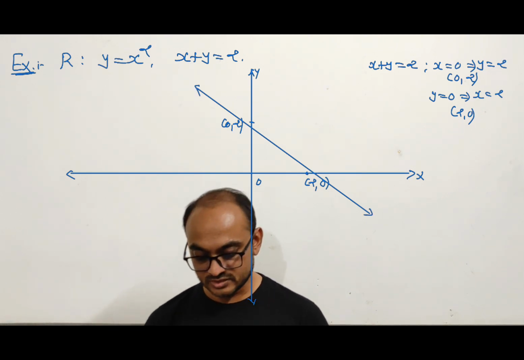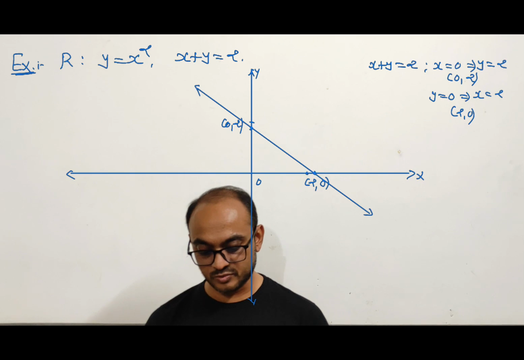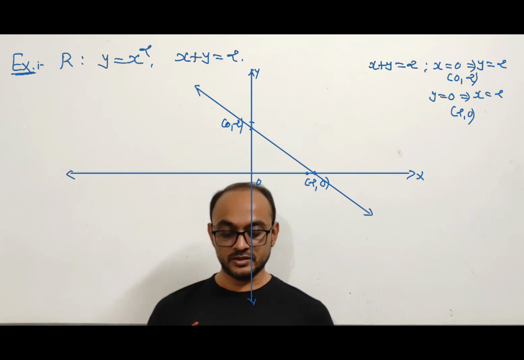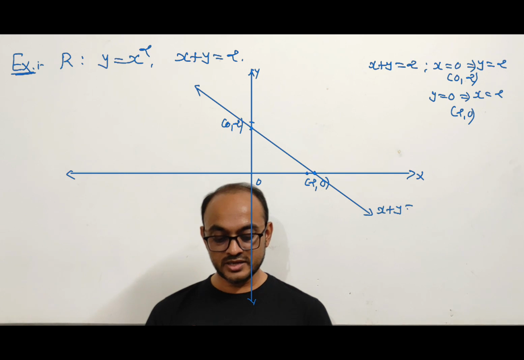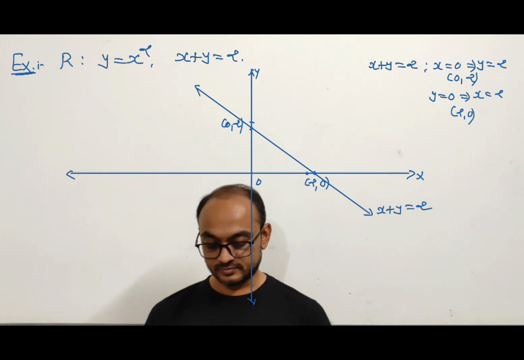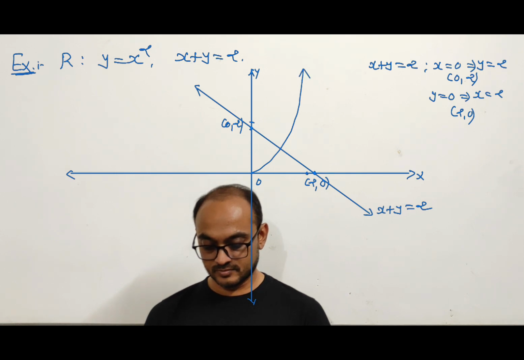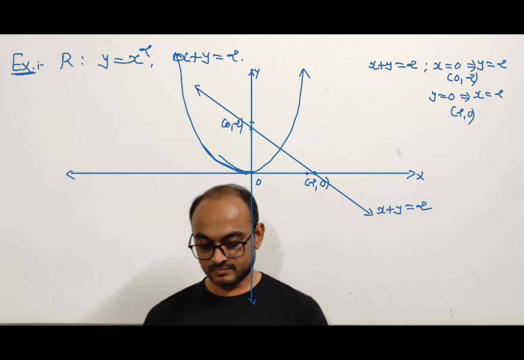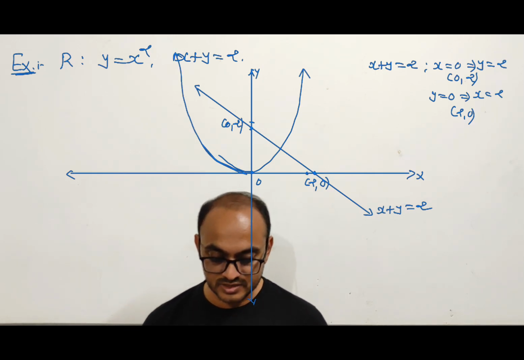Let me rescale the points. So this is the point 0, 2 and this is the point 2, 0. The line x plus y is equal to 2. What next? The curve y is equal to x square. The curve y is equal to x square is this. And this line will be continued to here.